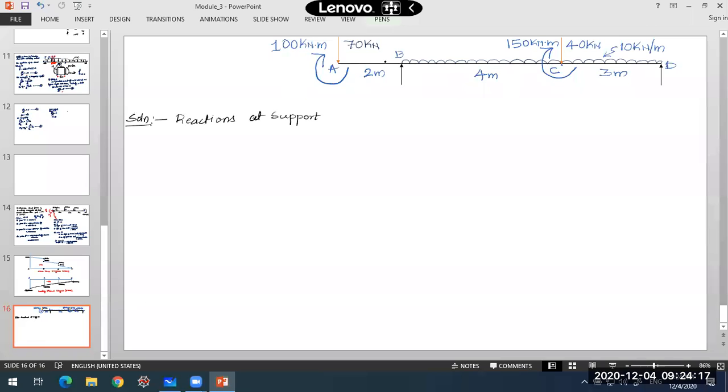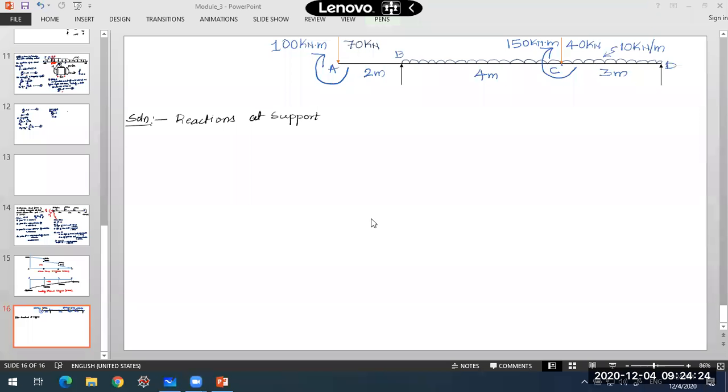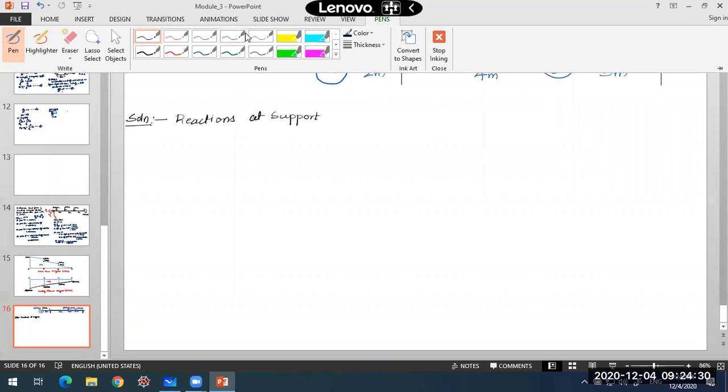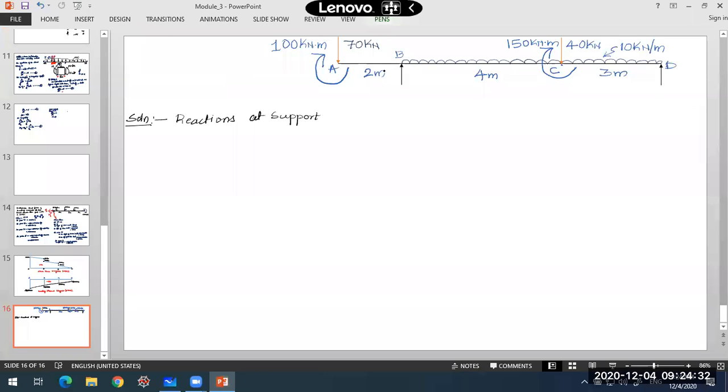What is the reaction at the support? Here we'll come across these vertical reactions. If I take this as VB, this is my point B, and this is point D. So what will be the reaction over here?